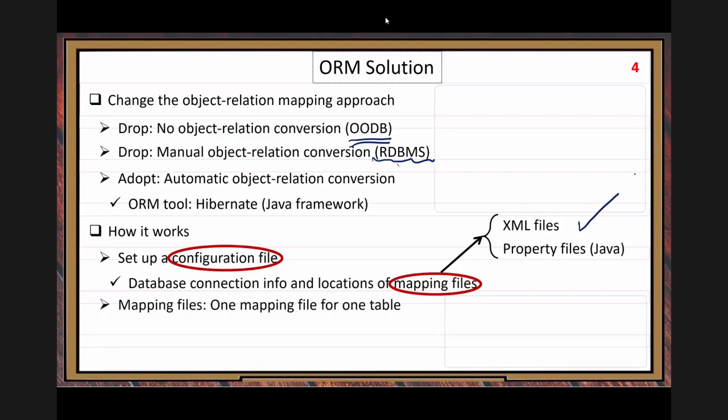So one mapping file corresponds to one table. One-to-one mapping. You need to have those mapping files, but you do not need to type them manually.